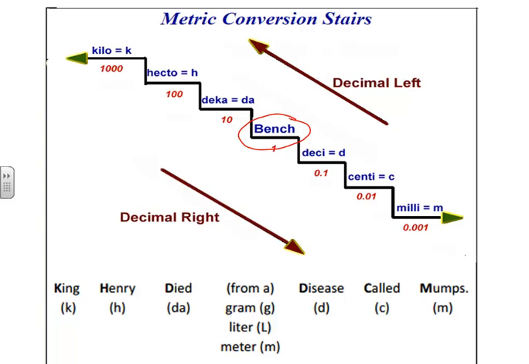If we're moving to the right or going down this staircase, say we're converting from kilograms to decigrams or decagrams, then we need to move our decimal point to the right and make it a smaller number, not a bigger number. And when we're converting the other direction, going up, we're going to multiply, and so we're going to move our decimal point to the left and make it a much larger number.